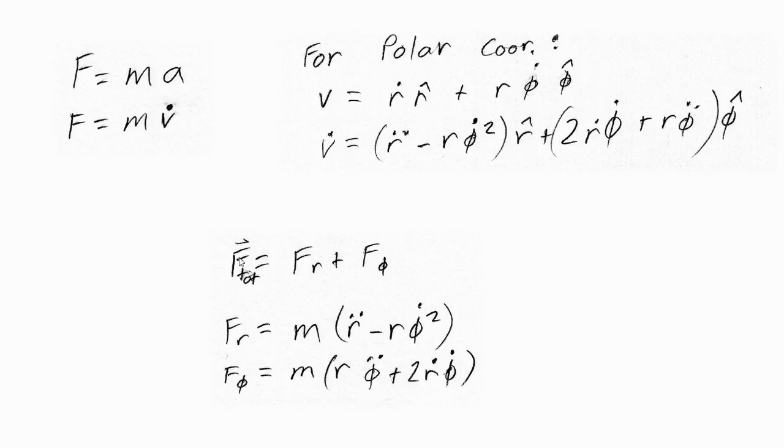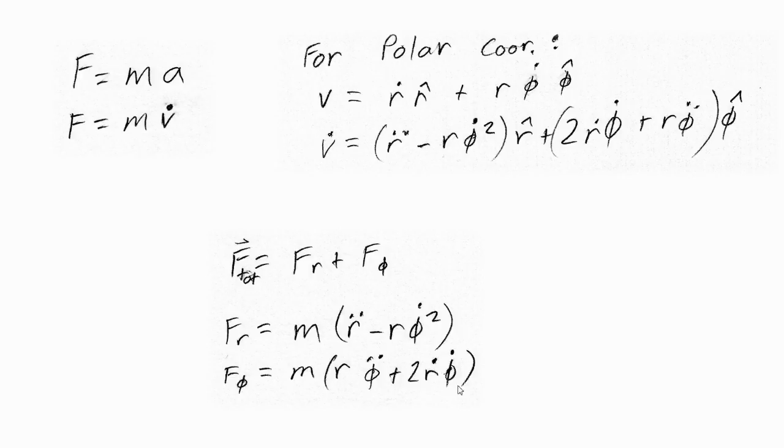So Newton's second law becomes as follows, where force in the radial direction is m times r double dot minus r phi dot squared, and F in the phi direction is m times r phi double dot plus 2 r dot phi dot.